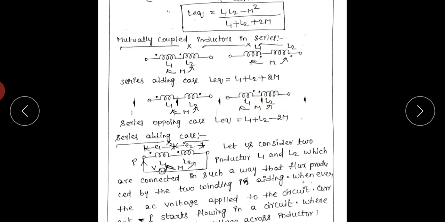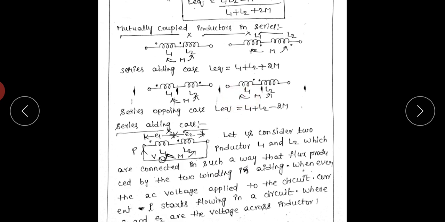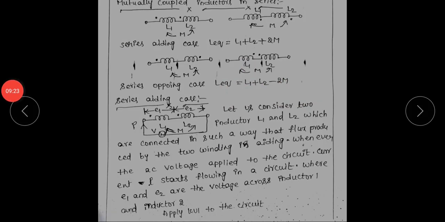Here also, in the first inductor current enters from the second end, in the second inductor the current enters from the first end. So these two circuits are series aiding connections and these two connections are series opposing connections. So the series aiding equivalent inductance formula, the series opposing equivalent inductance formula.